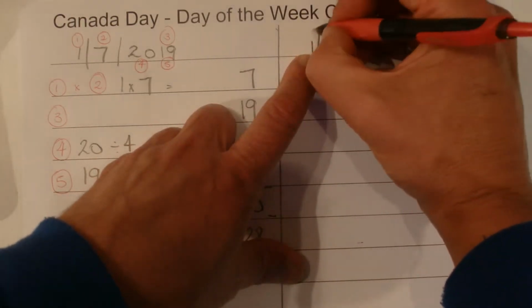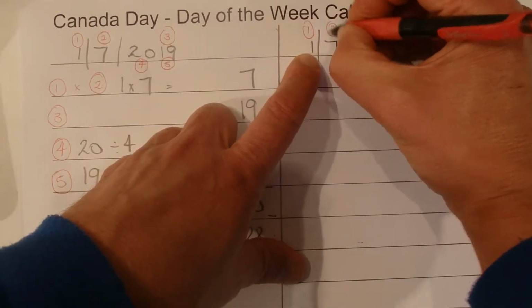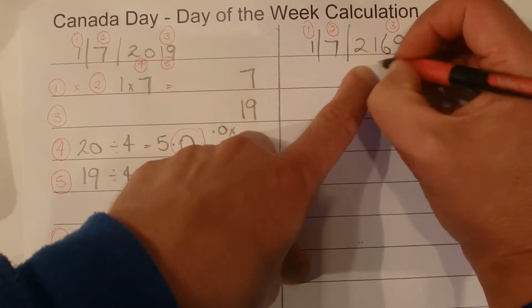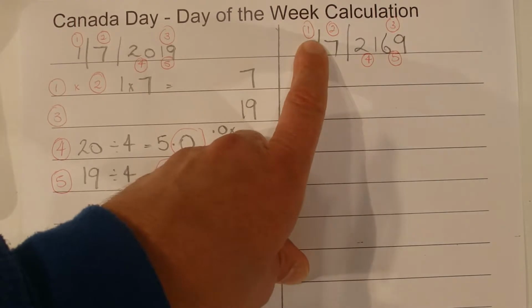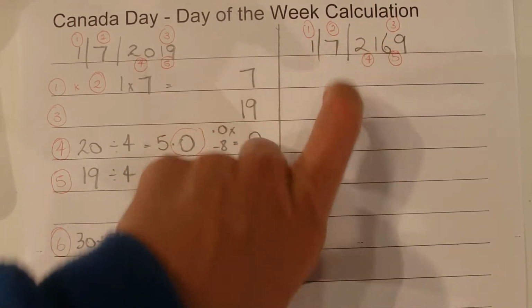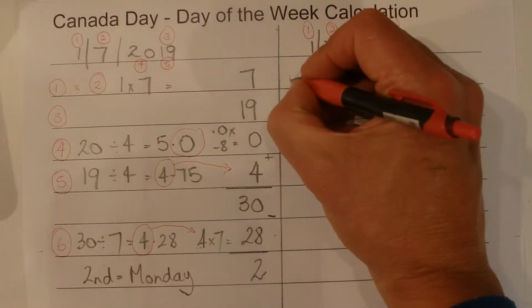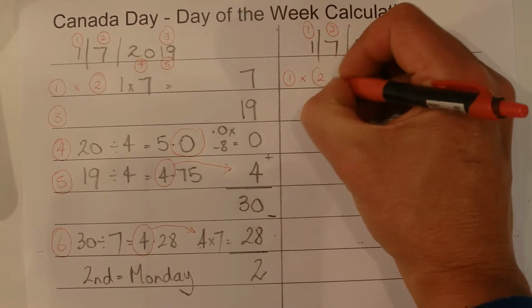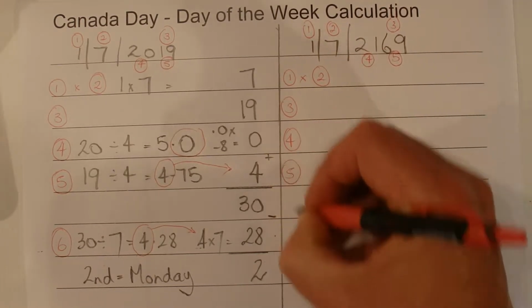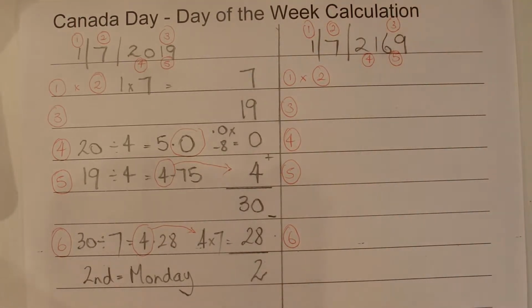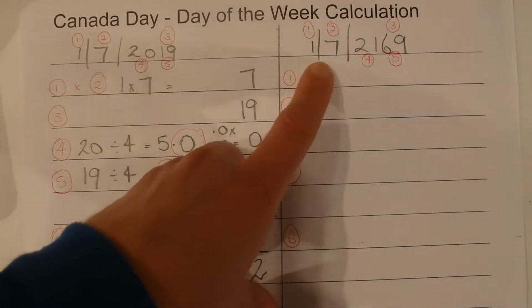Once again we find the 5 sections in that date, the 5 numbers. So we've got 1, 2, 3, 4 and 5, and we'll write that on the board here. 1 times 2, 3, 4, 5, and I'll write 6 there.